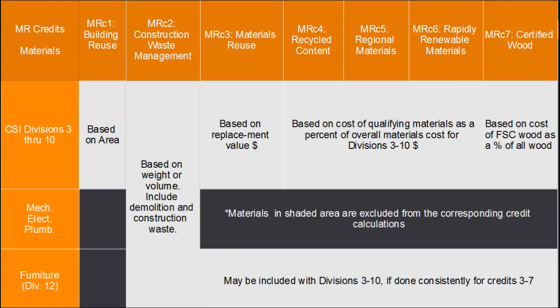For MR Credit 7, Certified Wood, it's based on cost of FSC certified wood as a percent of the total wood cost. 4 through 6 are all the same, based on cost of qualified materials as a percent of overall material costs for those applicable CSI divisions 3 through 10 and part of 2. Or if you're using the newer specs, it's divisions 31, 32.